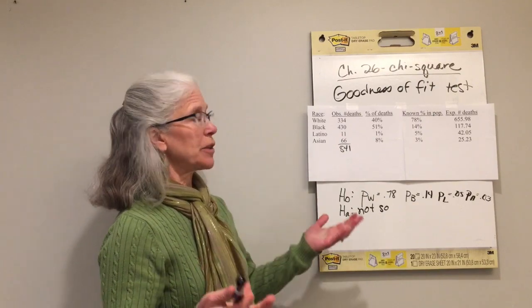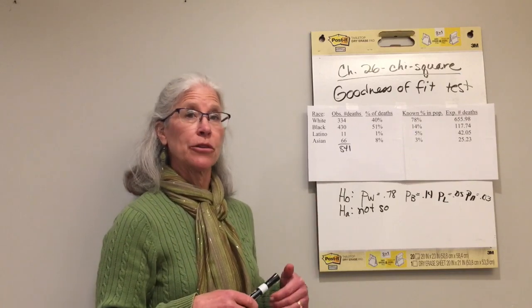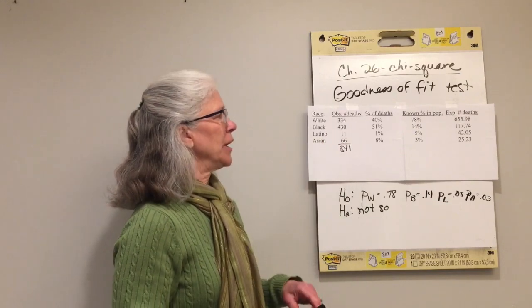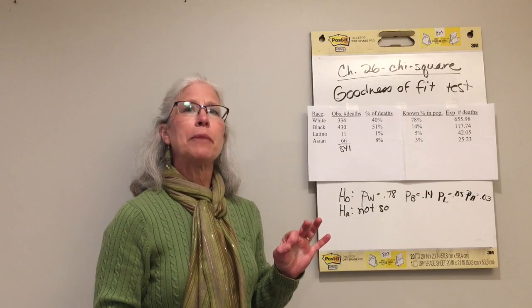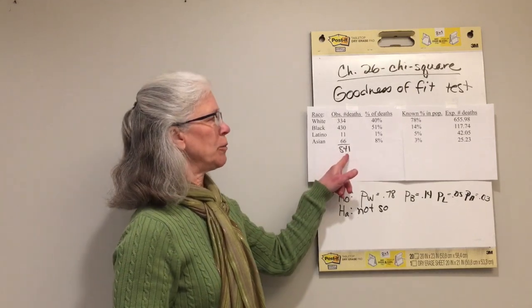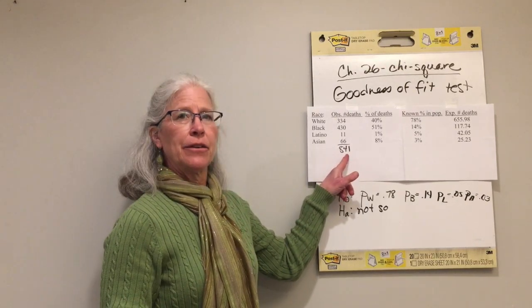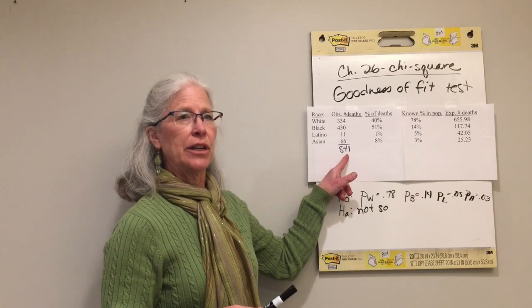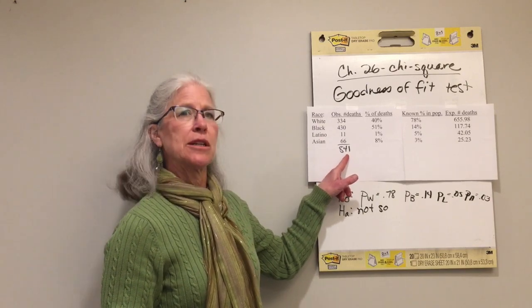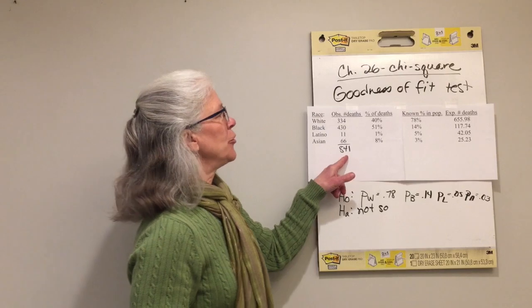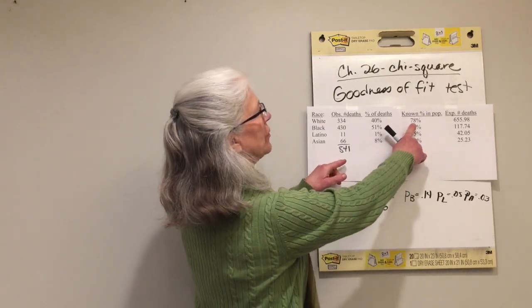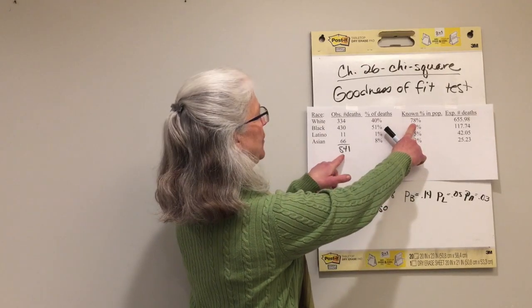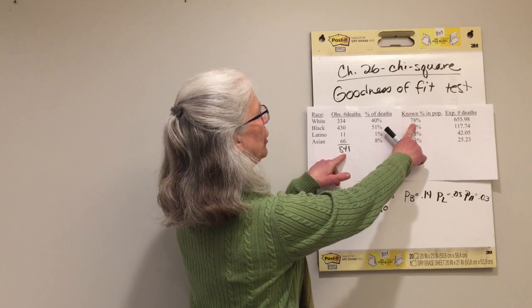So we need our observed counts and we need our expected counts. We have our observed counts. The question is, how many would we have expected to see among 841 people if the percent of deaths in each race reflected the percent in the population? So if 78% of deaths were white people, then 78% of the 841 would be white.